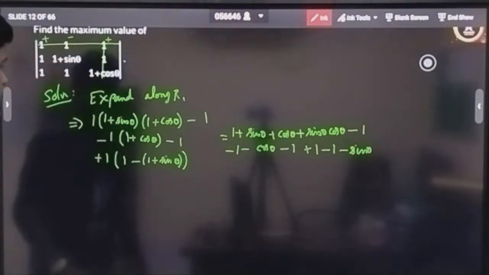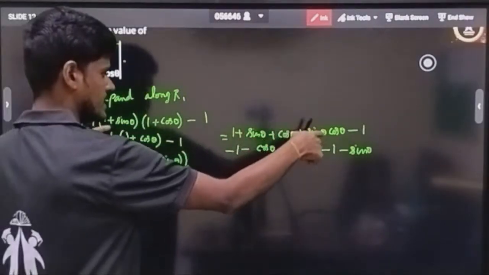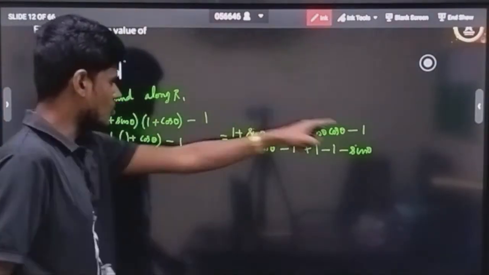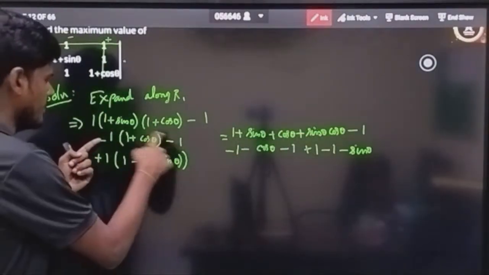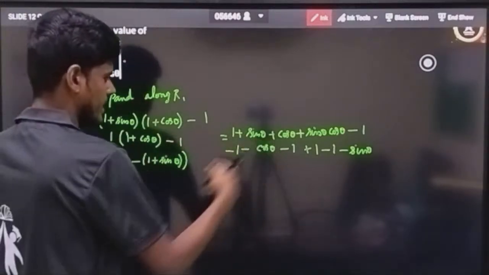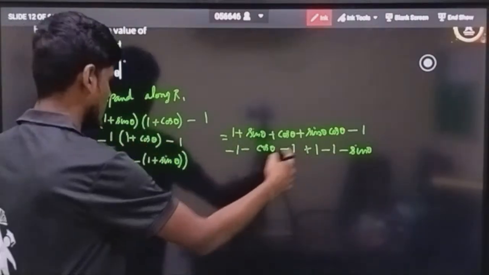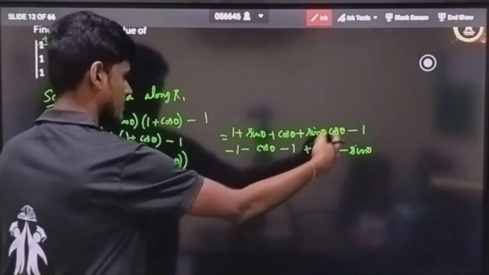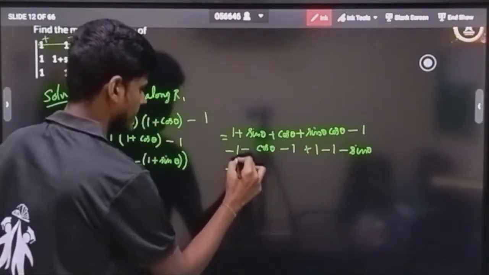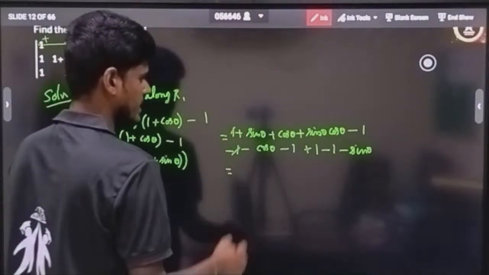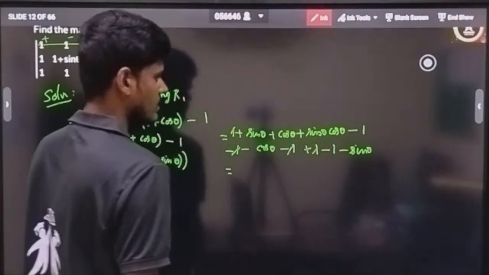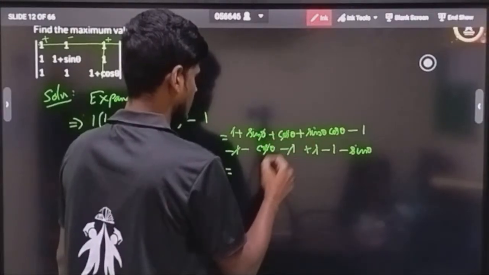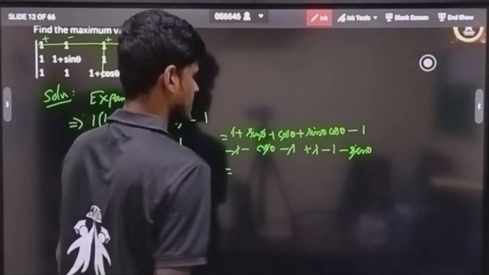So what is the final answer? 1 plus cos theta plus sin theta cos theta is the expansion of the first term, minus 1 minus cos theta, minus 1 minus cos theta, minus 1 plus 1, minus 1 minus sin theta. What is the value, students? Plus 1 minus 1 will get cancelled, plus 1 minus 1 minus 2. Here sin theta cos theta will remain, cos theta minus cos theta and sin theta minus sin theta cancel.